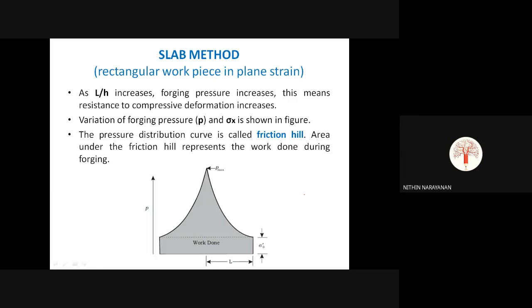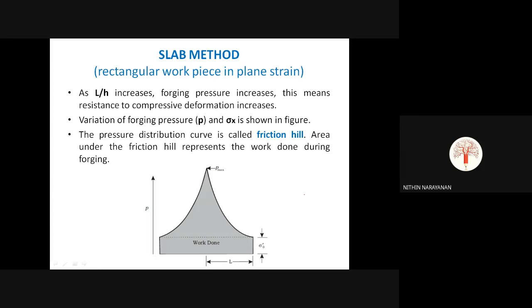The variation of the forging pressure, the pressure distribution, can be represented by a graph, and the pressure distribution curve is called the friction hill. Note that point, because you may also get a question regarding the friction hill.